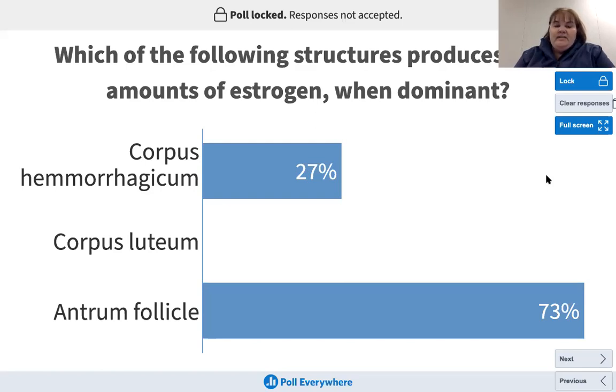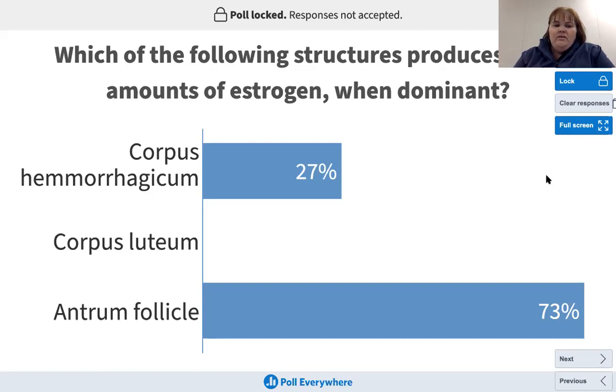There are more cells inside the follicle, and it's producing more and more estrogen. When that follicle becomes dominant on the ovary, it is cranking out massive amounts of estrogen. That becomes important because it's estrogen that will feed back to the hypothalamus and cause a cascade of events that will eventually lead to ovulation.